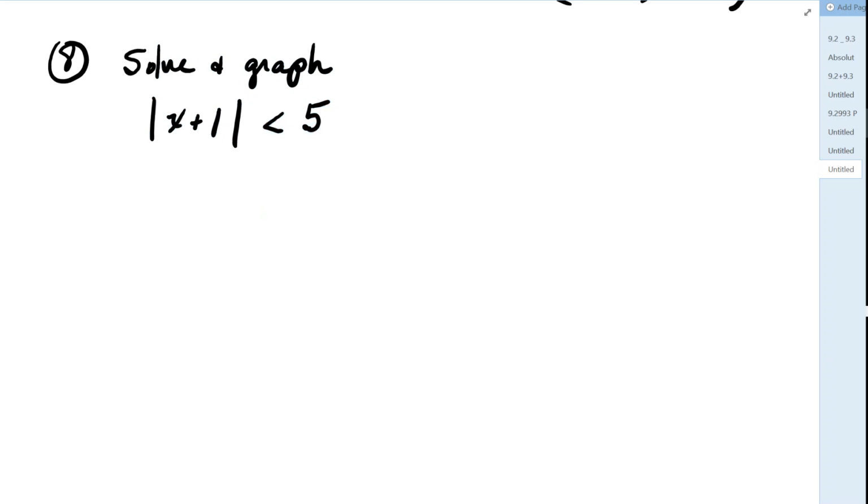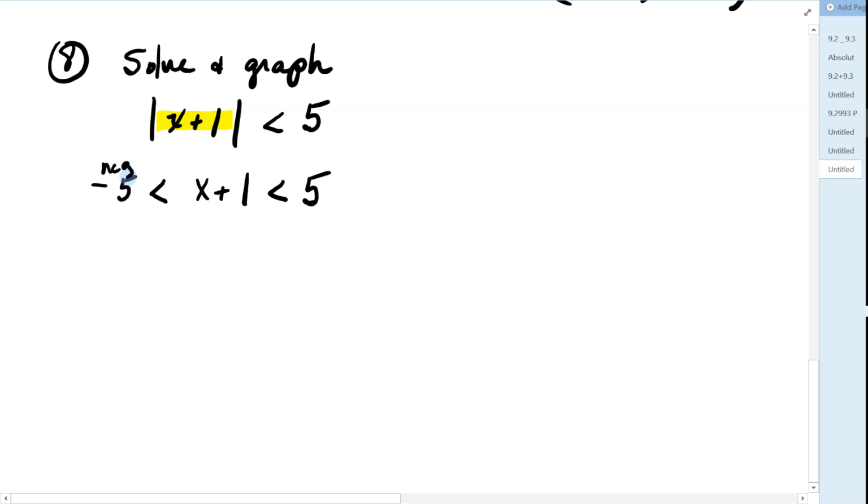So remember, this expression is going to go in between -5, write down the less than symbol, x plus 1, another less than, positive. It is between the negative and the positive of the constant. I like to do this.